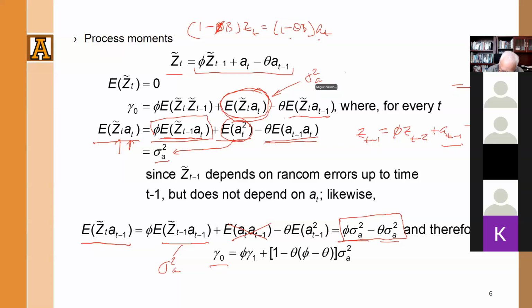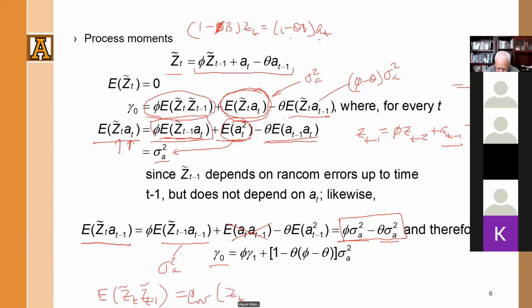We already know that this term here is (phi minus theta) times sigma squared. The only term that I have left is phi times the expected value of Z_t Z_{t-1}. And what is the expected value of Z_t times Z_{t-1}? That's exactly, since the Z_t's have mean 0, the covariance between Z_t and Z_{t-1}, which is gamma 1.